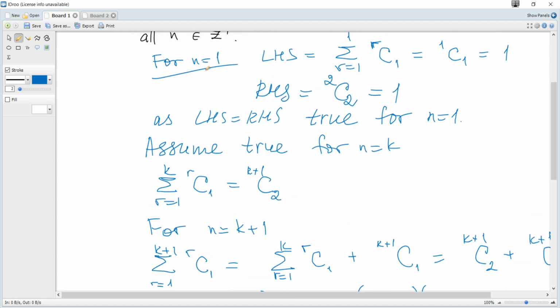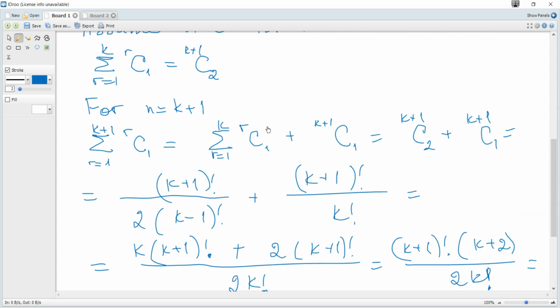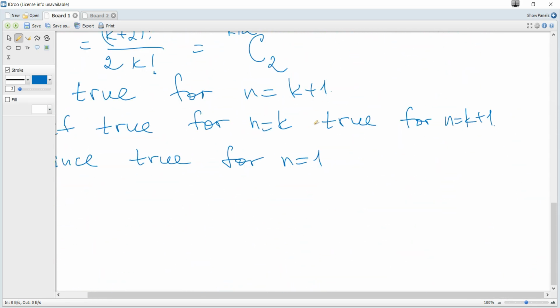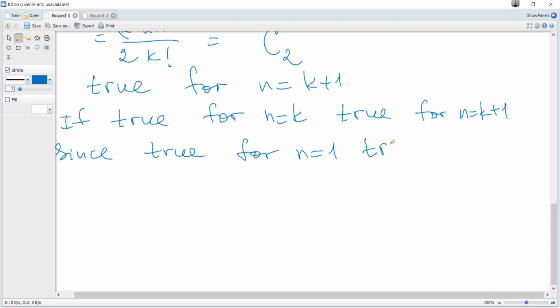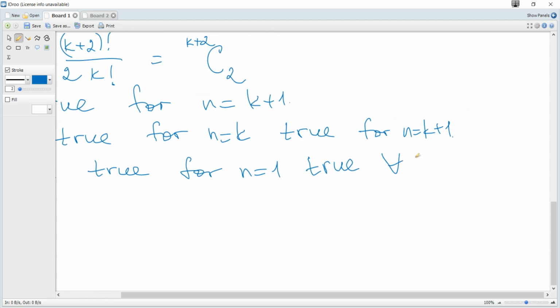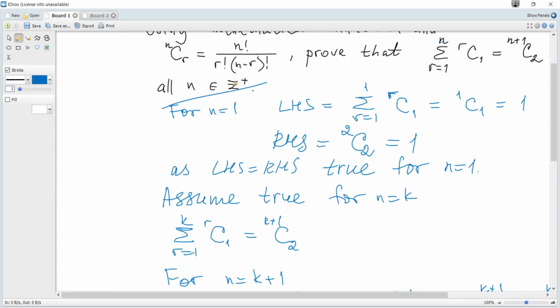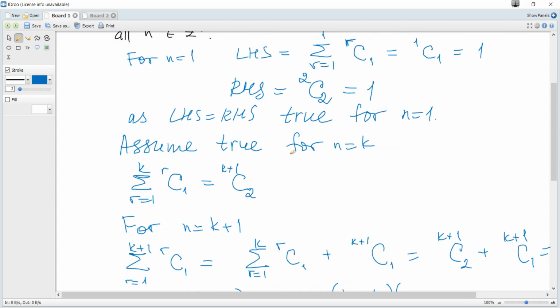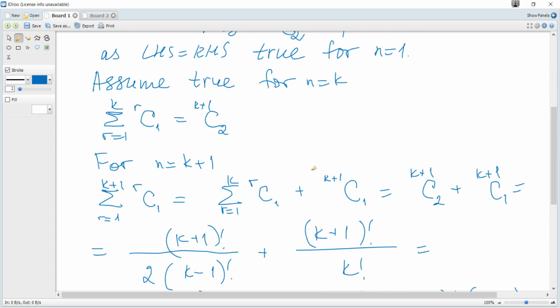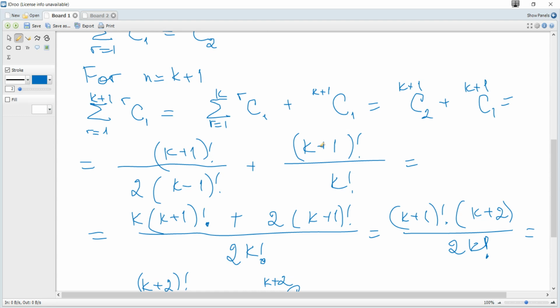For n is 1, so right? Since true for n is 1, true for any n is positive integer. N is positive integer because it is given n is positive integer. And that's all for this question.